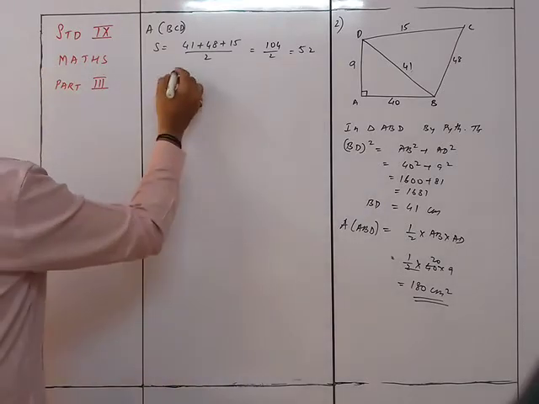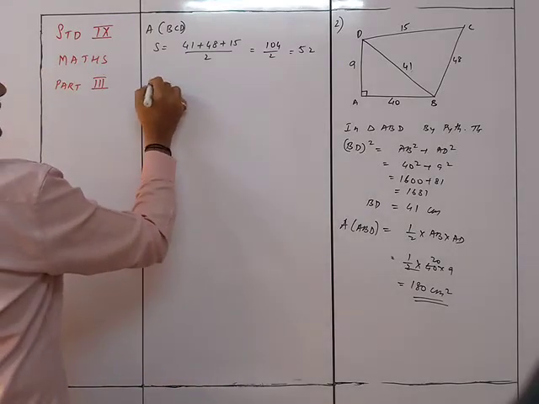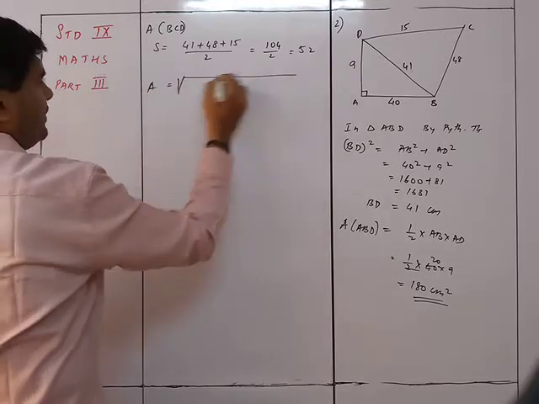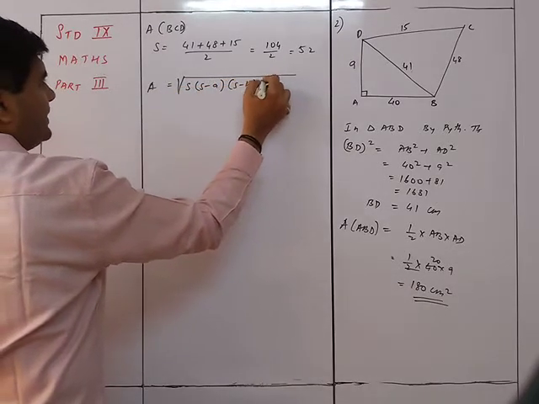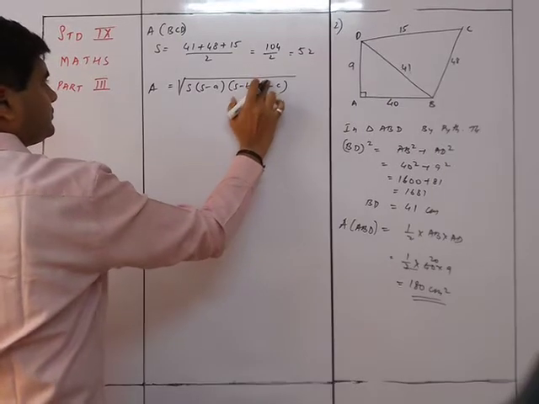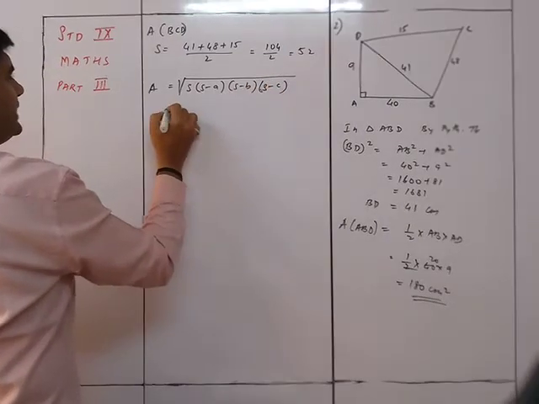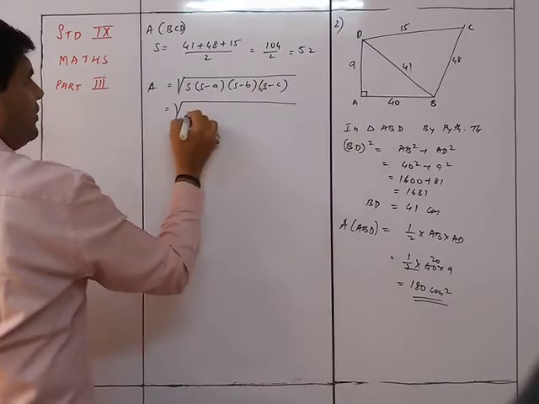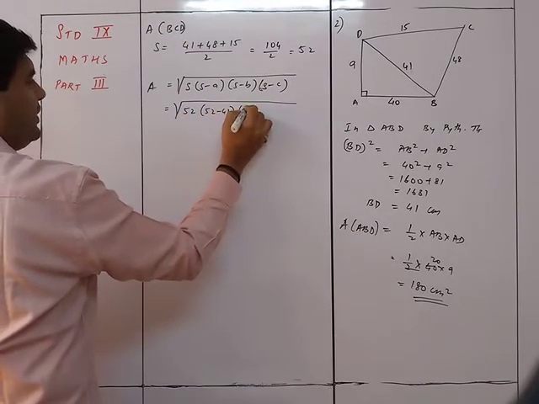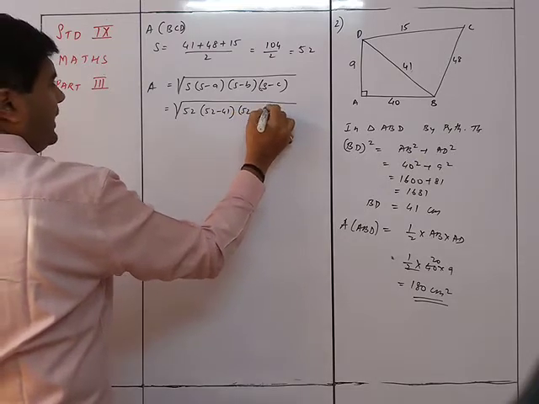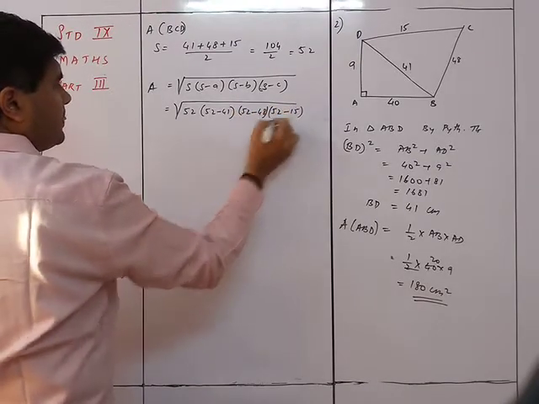Okay. So area is square root of S into (S minus A) into (S minus B) into (S minus C). So that is going to be square root of 52 into (52 minus 41), (52 minus 48) and (52 minus 15).